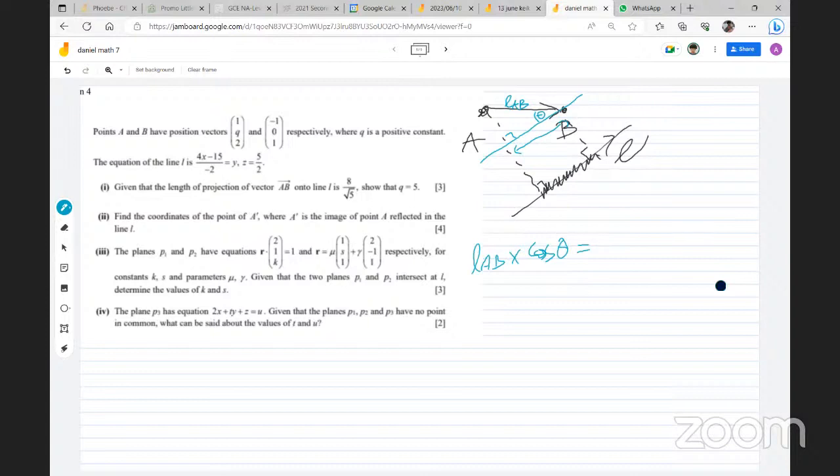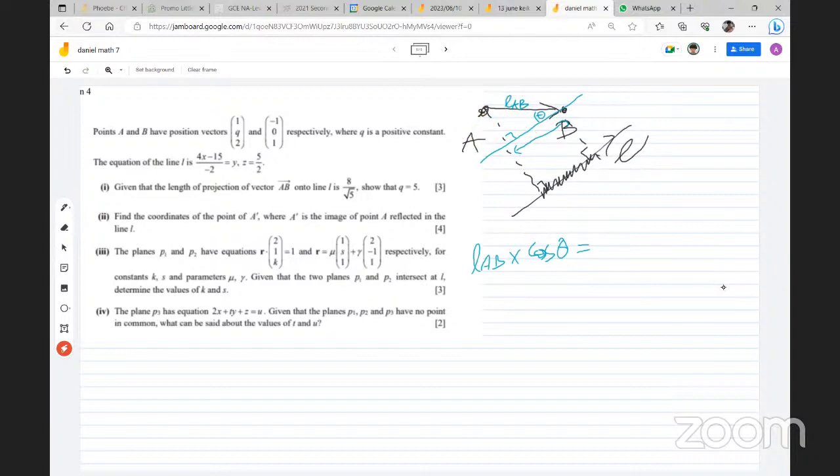LAB cosine theta. Oh man, is the length of projection. This is the hypotenuse. Stop saying the length of projection. Just look at this as the hypotenuse, and this is a triangle. I'm trying to find this part of the triangle. Isn't that just cosine theta of this guy? This guy will be sine theta of this guy. Correct or not?